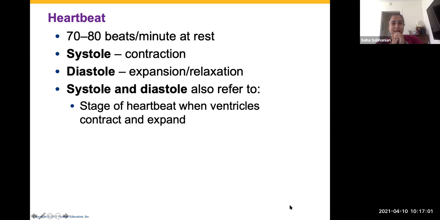So when you hear the word systole or systolic, it implies your ventricles are contracting. They're squeezing the blood out. That's where the pump is actually working.